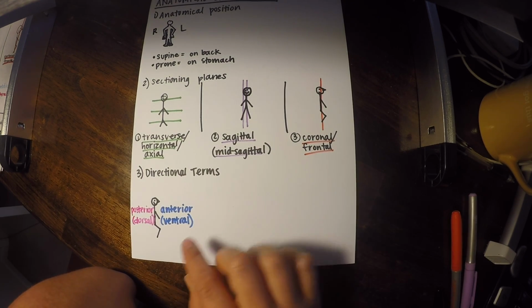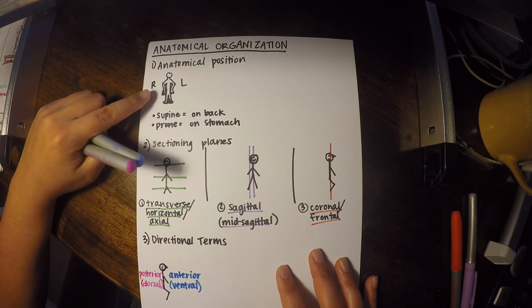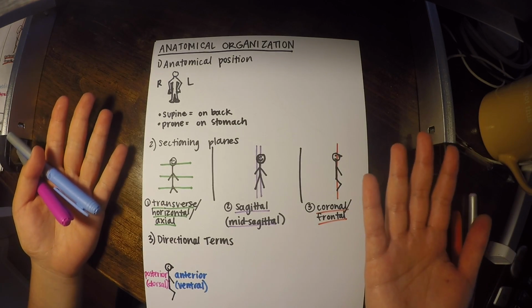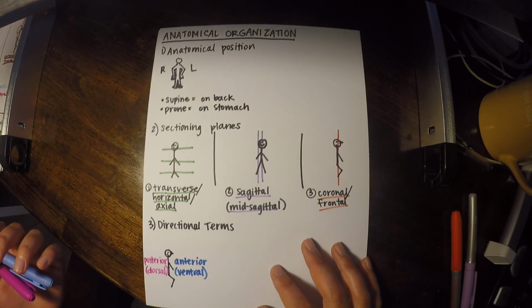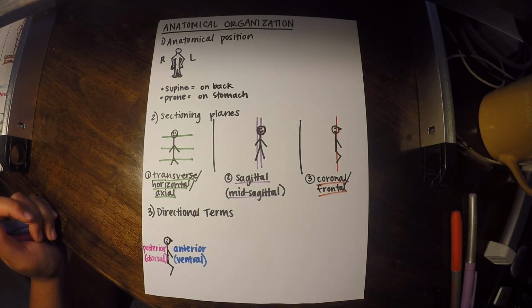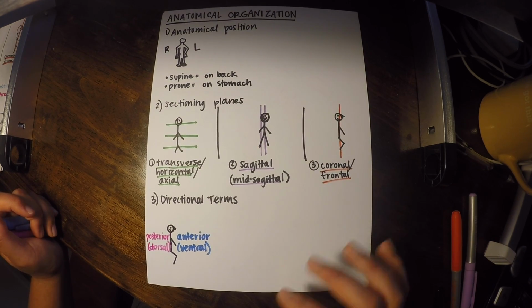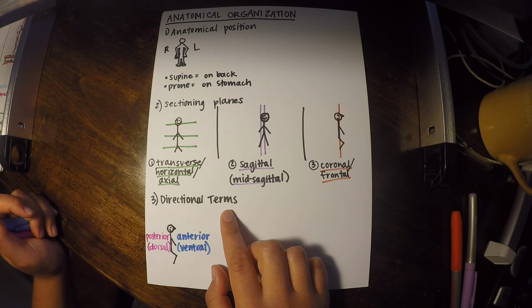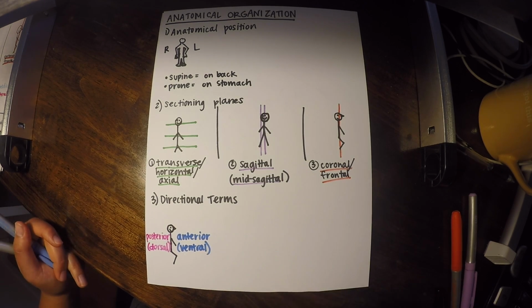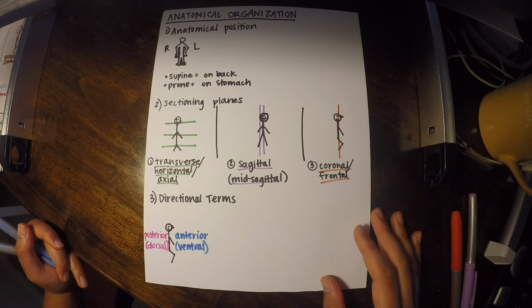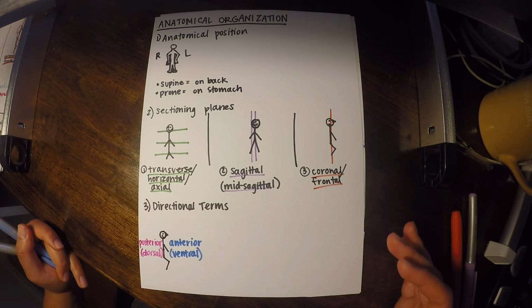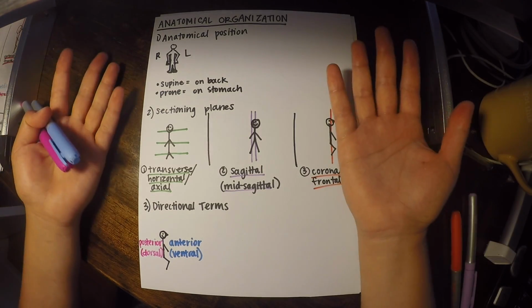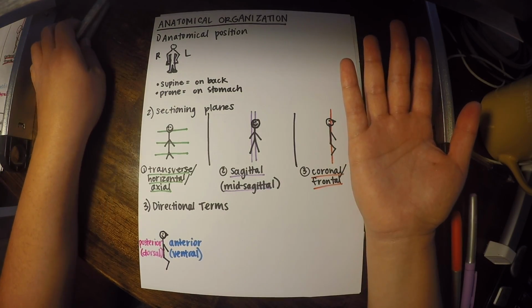Because if we're talking about this anatomical position that this guy is standing in, remember, with his palms facing forward, that's what we're using to reference all anatomical body parts. But we also have to use directional terms in order to make that anatomical position make sense. So for example, if I have a patient in front of me and they are having pain, so remember, I'm in anatomical position, my hands are facing forward.